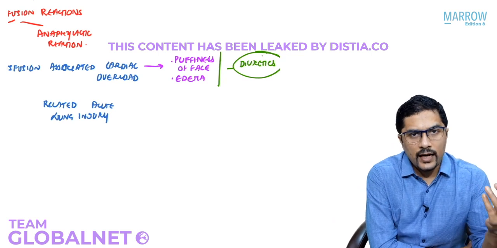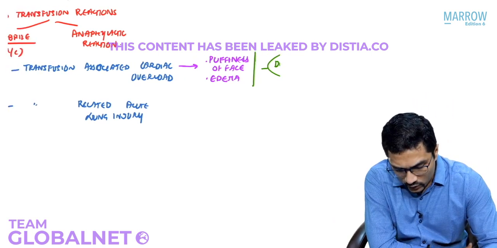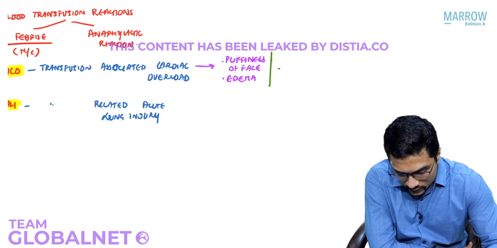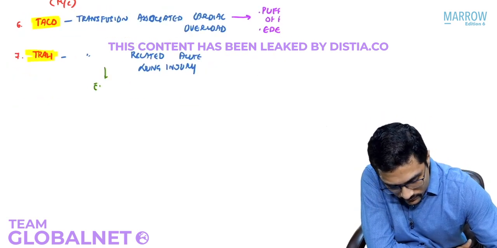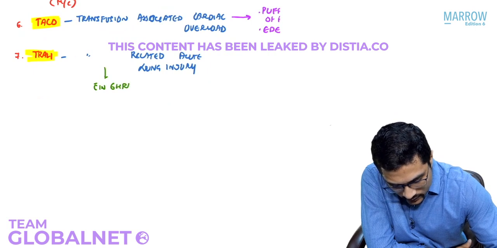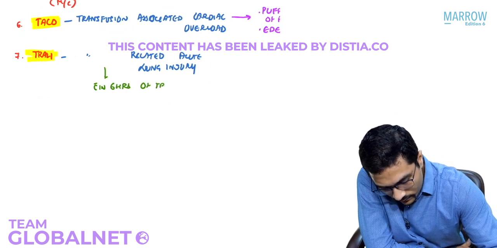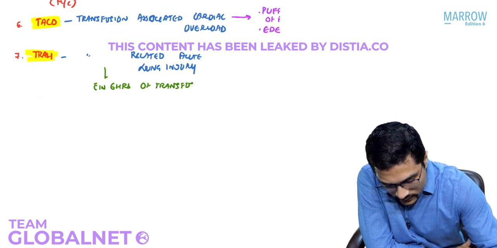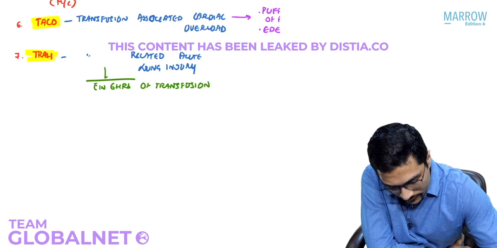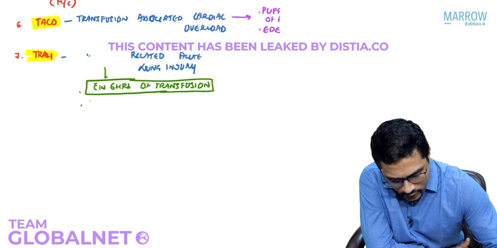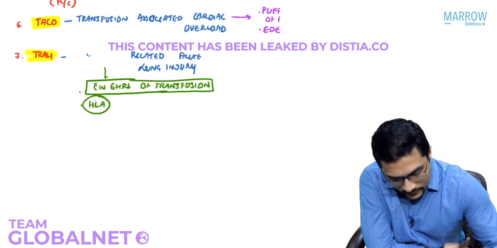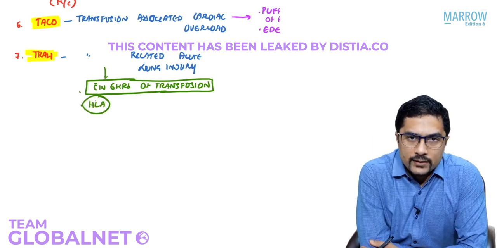TRALI, on the other hand, is transfusion related acute lung injury. TRALI usually develops within 6 hours of transfusion, and it is hypothesized that this is due to anti-HLA antibodies.